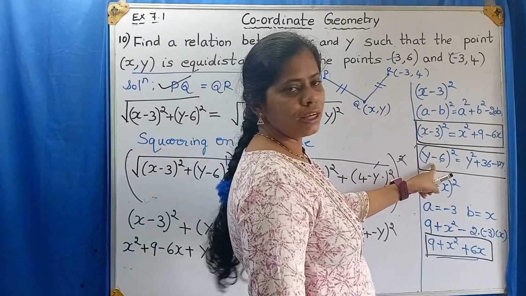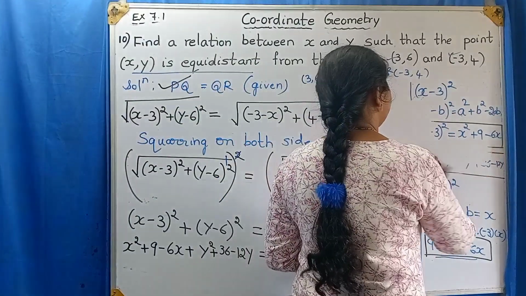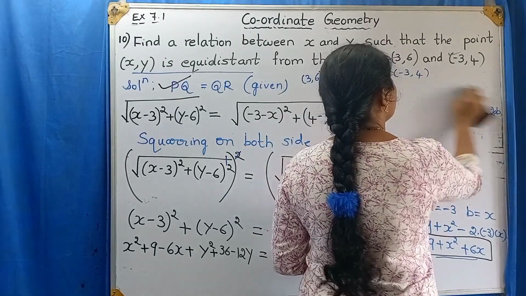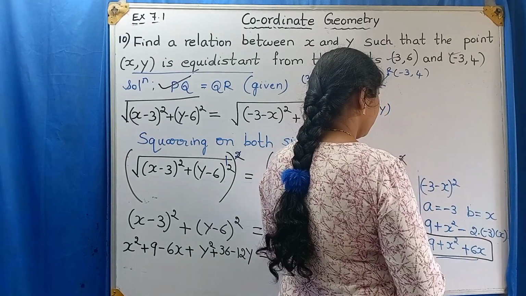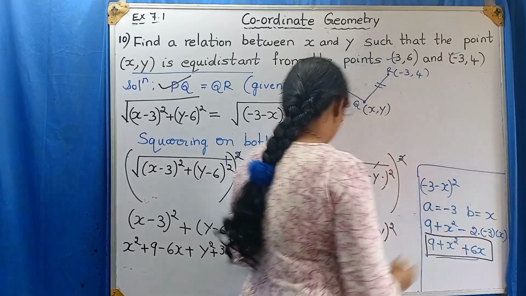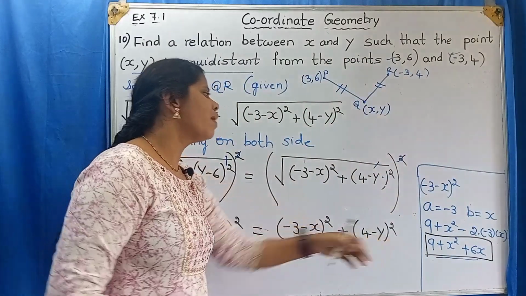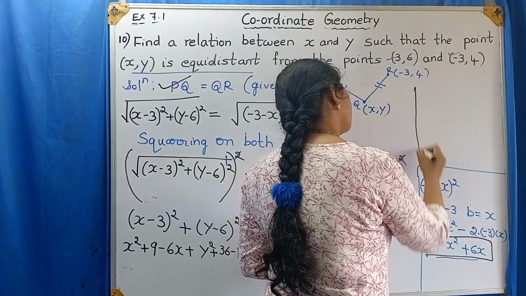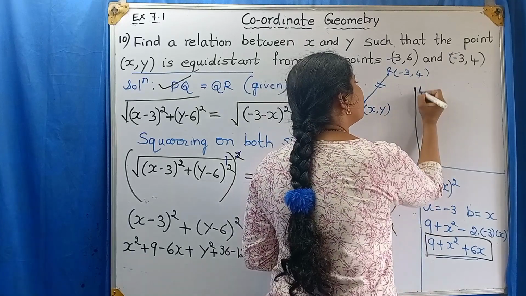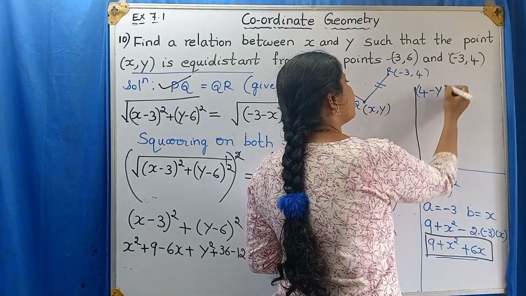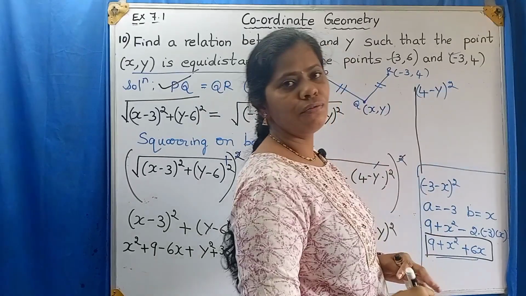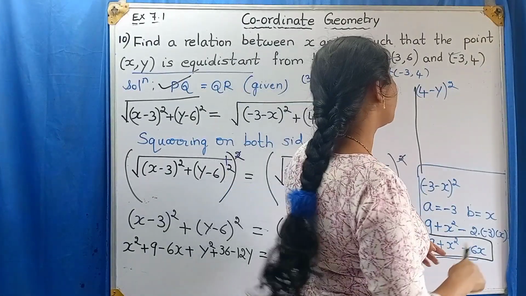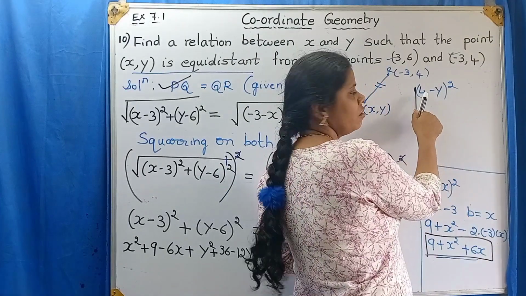Now let me rub this. Now look at this. 4 minus y the whole square. It is also in the form of a minus b the whole square. And in the place of a, we have 4.